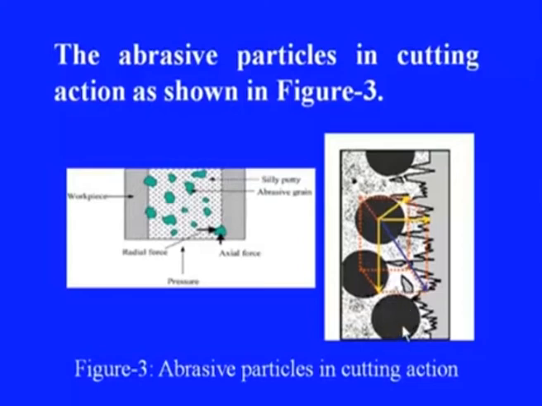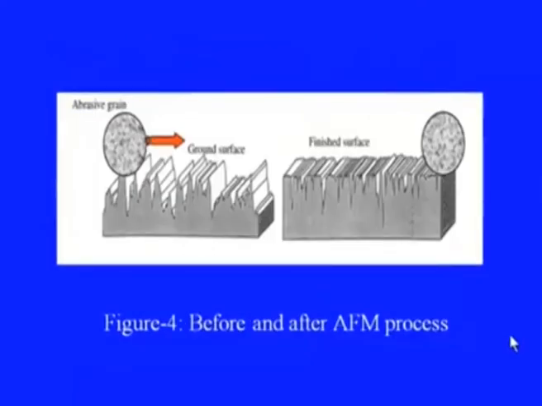In some cases, they may plastically deform these tiny asperities as well, wherein actual cutting is not taking place, but plastic deformation is definitely taking place, and thereby the improvement in the surface of this workpiece is achieved.